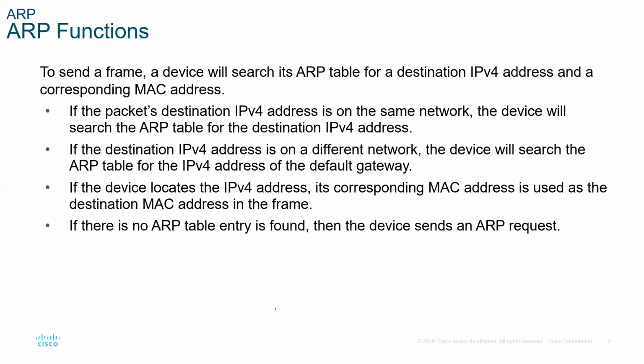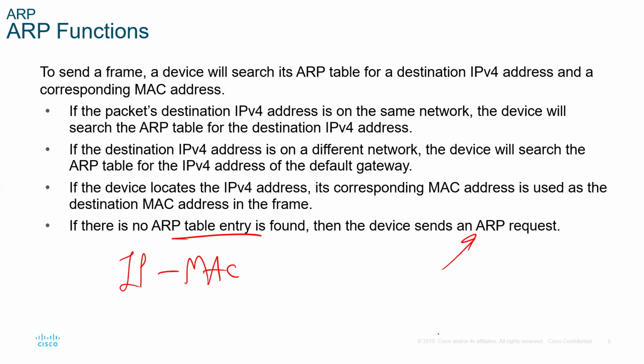If the device locates the IP address, its corresponding MAC is used as the destination MAC address. If there is no ARP entry found, then the device sends an ARP request. So if we do not have an entry, so we do not have an IP mapped with its MAC, then it means we need to send an ARP request, which is a broadcast, sent to all devices.